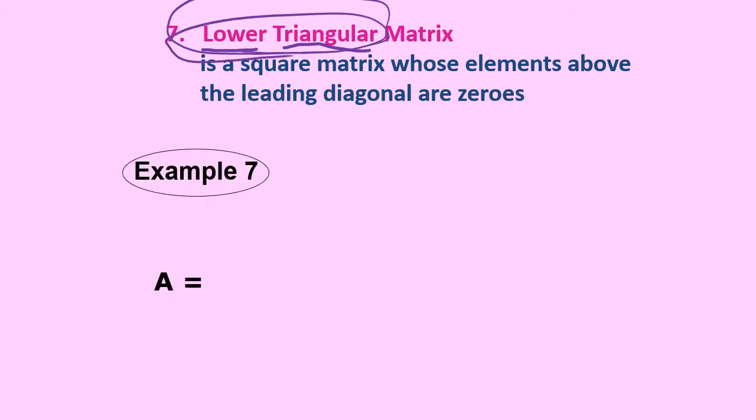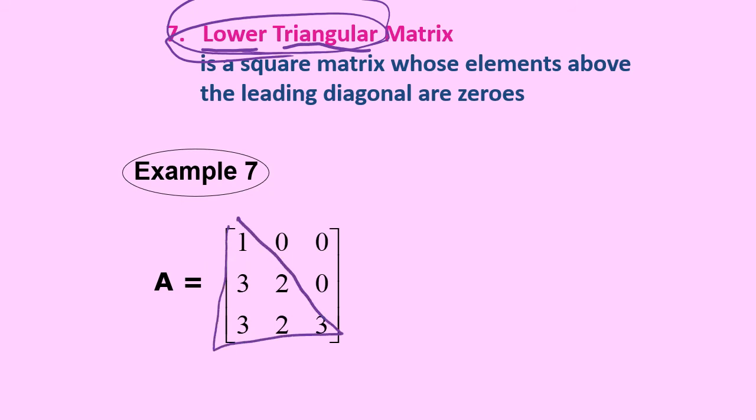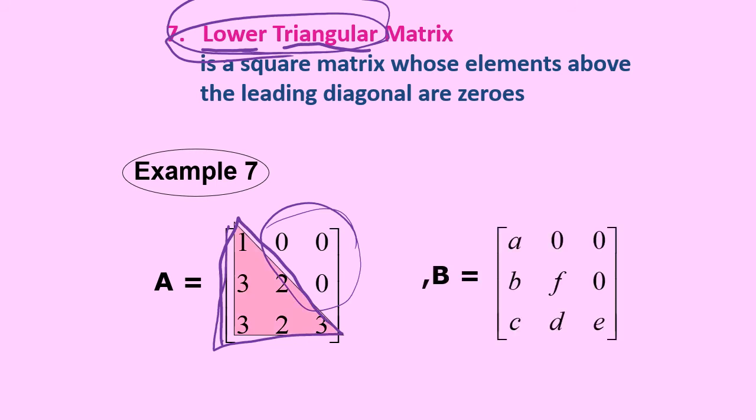Let's see the example. Notice that we only have values on the lower triangular part. Other than that, the top part will be equal to 0 for every element. Another example is A, B, C, F, D, E. The top part here is 0. So we have the lower triangle part with values.